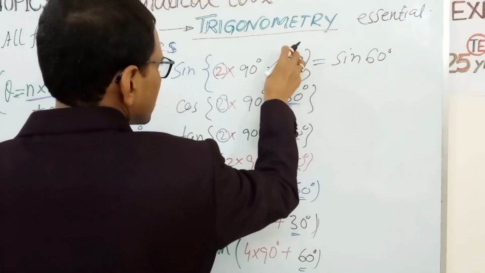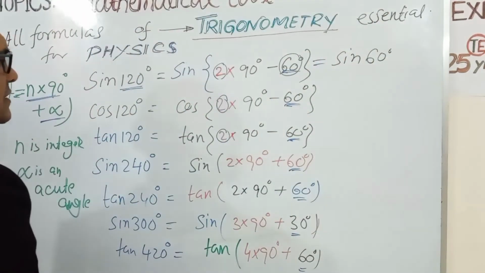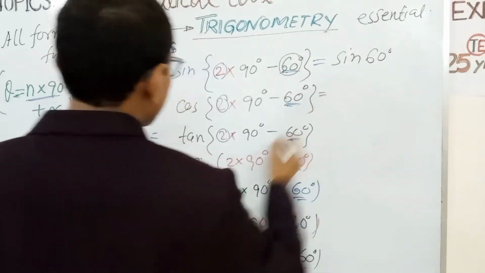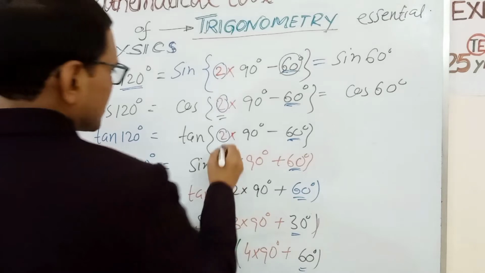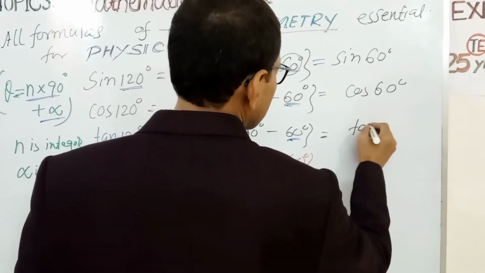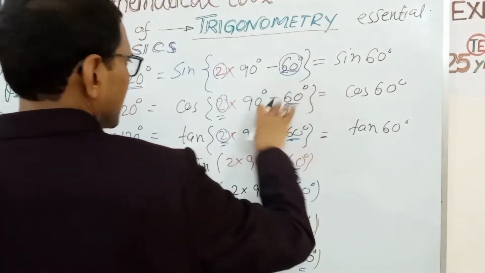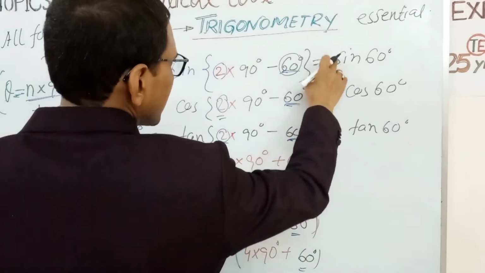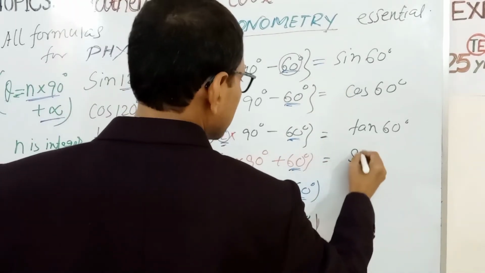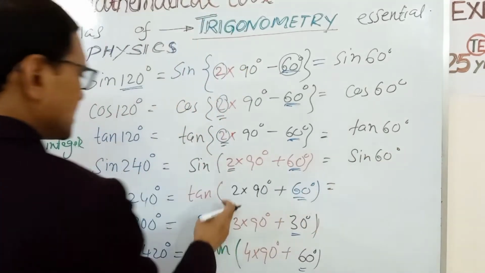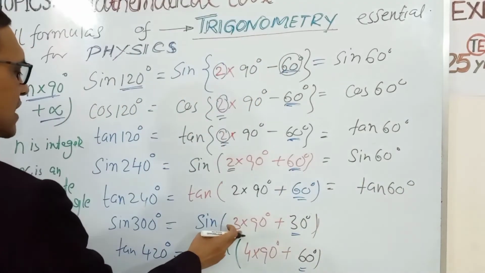Now this acute angle will be placed here, cos 60 degree, because this is even, so this becomes tan 60 degree. Here will be a sign, I will tell you later what the sign will be. Now this is even, so this is sin 60 degree. Now this is even, so this will be tan 60 degree. Now this will be the odd.